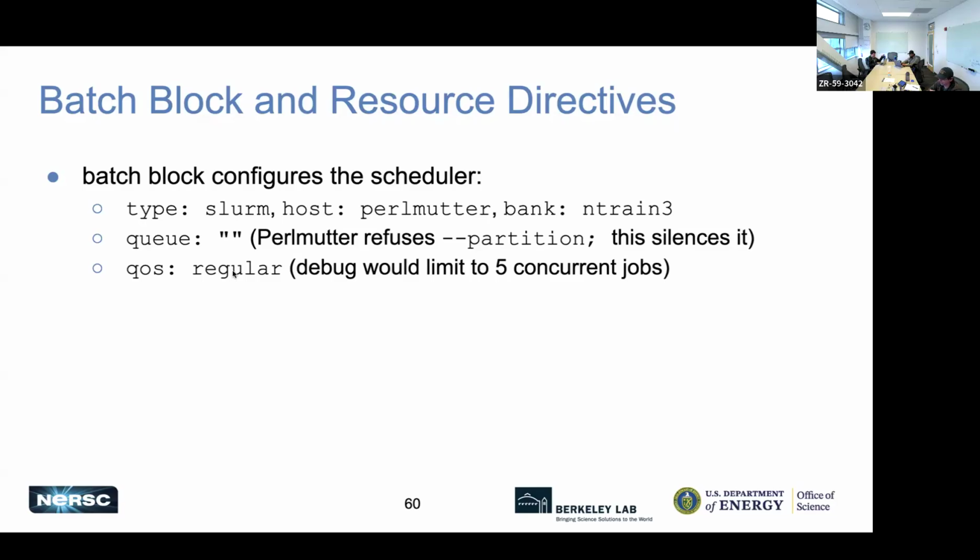And so that's why we're going for regular QoS here. On the main system, without the reservation, this is going to give you a significant amount of waiting, some number of hours probably. If you're using the training reservation, then hopefully things will move through pretty quickly, and using regular here doesn't act as a hangup.